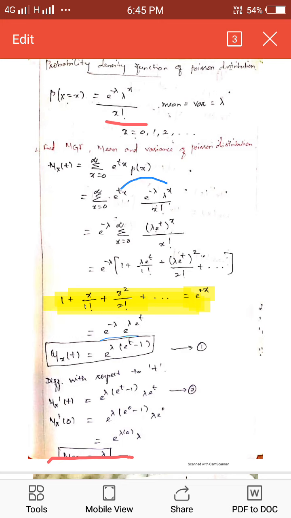If we substitute x equal to 0, lambda into e power t whole power 0. Any number power 0 is 1. Likewise, 0 factorial is also 1.